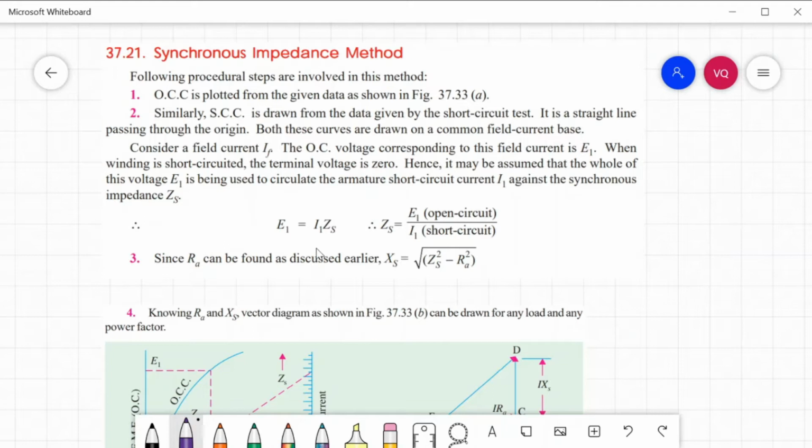Therefore, your E1, which is the open circuit voltage, is equal to I1, which is the short circuit current, times the synchronous impedance. So we can solve synchronous impedance equal to open circuit voltage divided by the short circuit current.